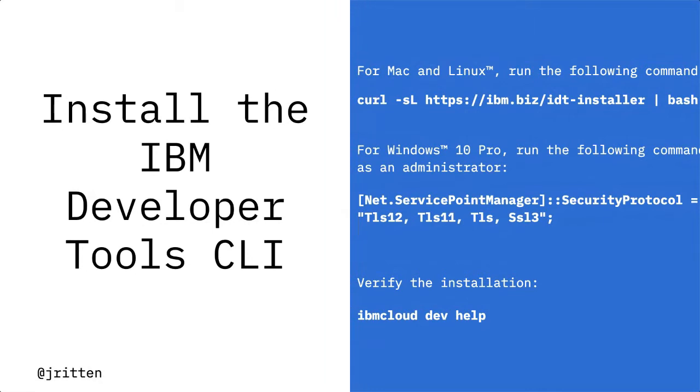Some of you are maybe wondering, what's a CLI? That's just fancy for command line interface. These are the commands that you're going to be typing in your terminal that are going to do all of the magic to spin up your application, deploy it to IBM Cloud, and handle any toolchains that you may have. You also are going to log into your account through the command line as well.